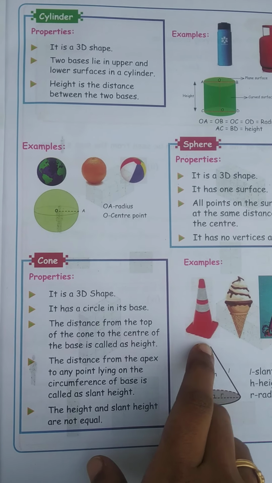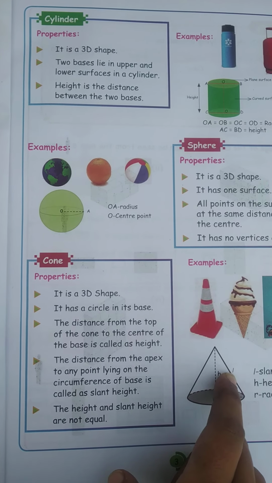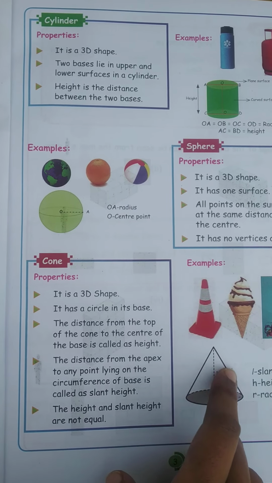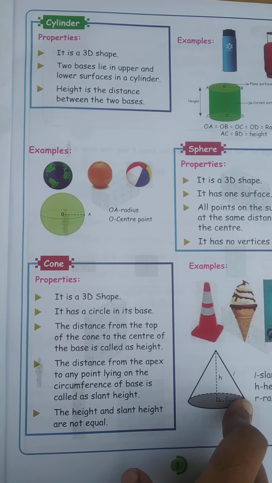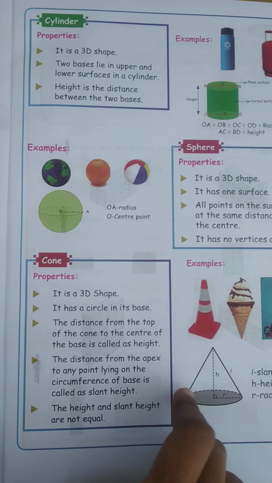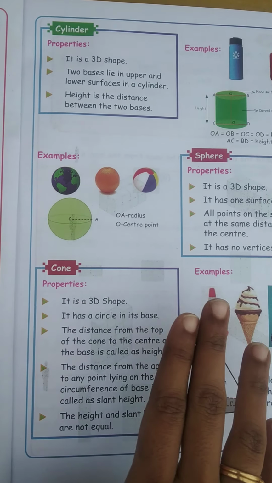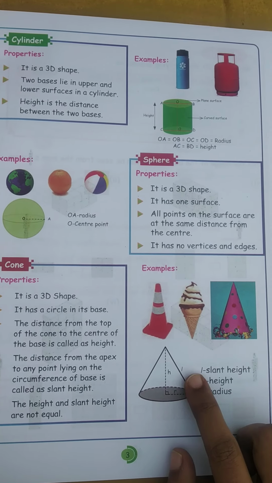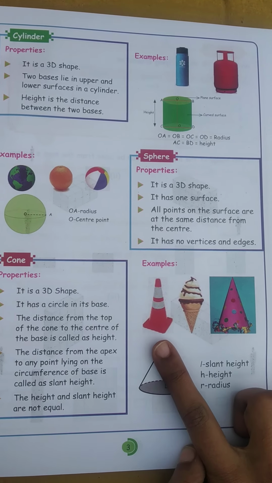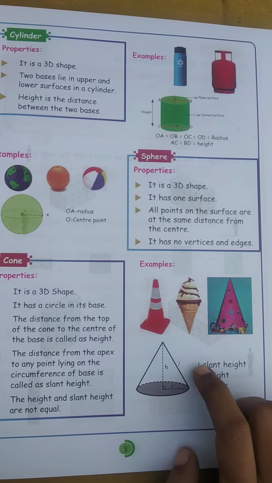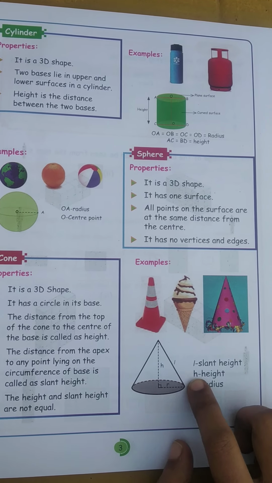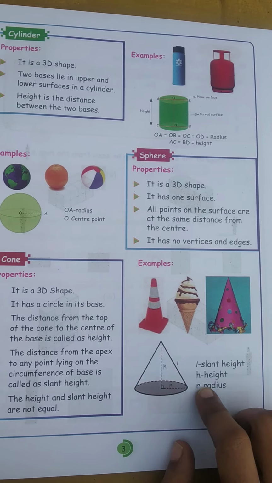See here, it goes slantly, so that is the slant height. This height and slant height will not be equal at all. See here, this L is slant height, H is height, and R is radius.